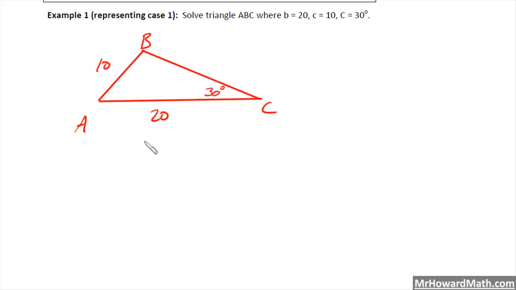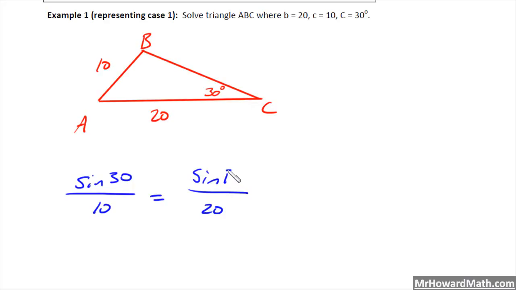So we're working to find the rest of the triangle here, and we'll use law of sines to do that. We have a complete sine ratio here. We have angle C and side C, so we can use sine of 30 degrees over side length C, is equal to, well, right now I have side B is 20, and I'm going to be finding angle B, so that would be sine of angle B over 20.